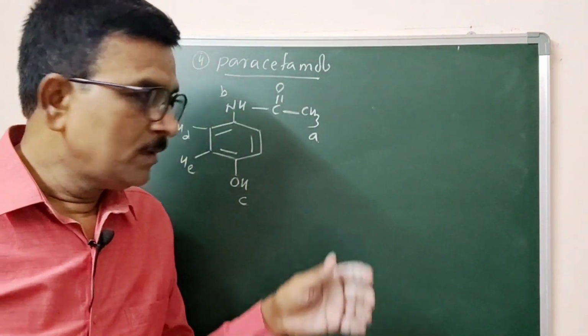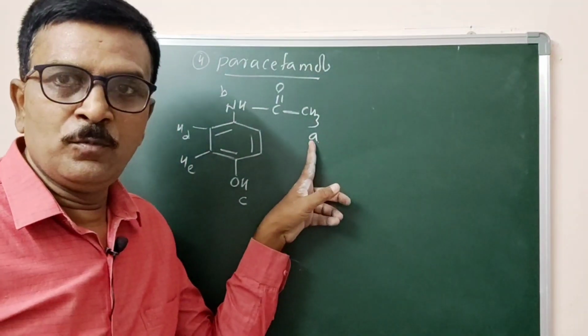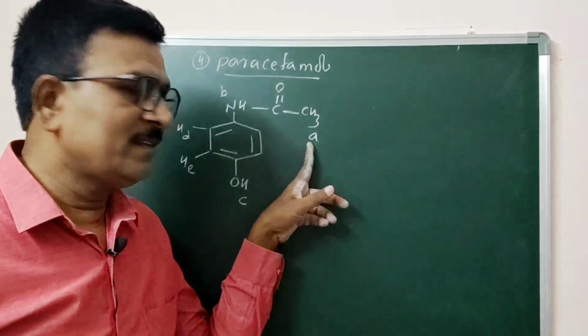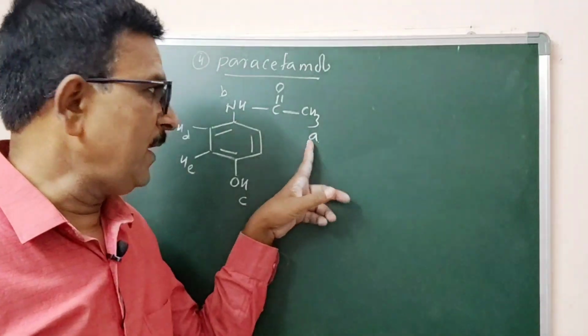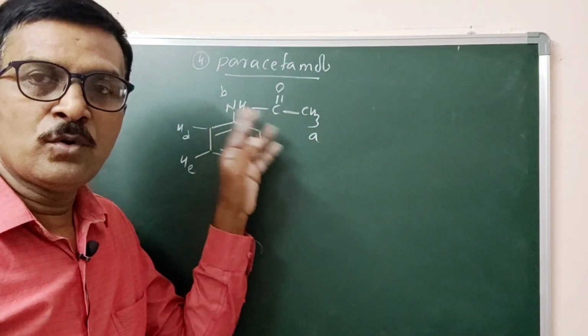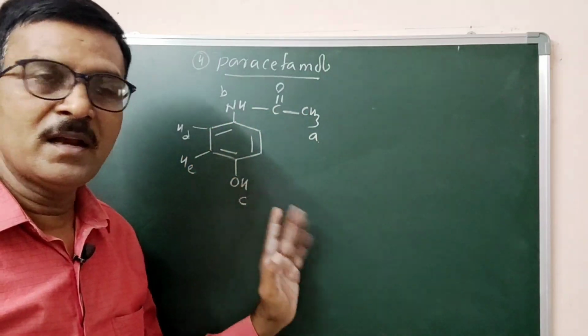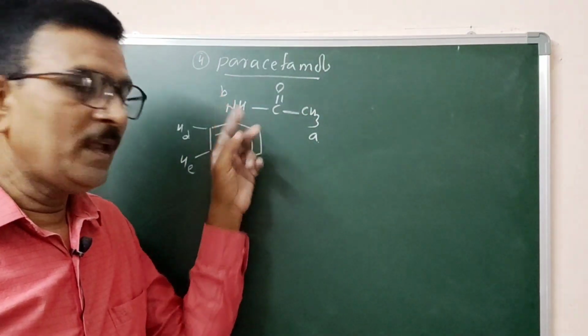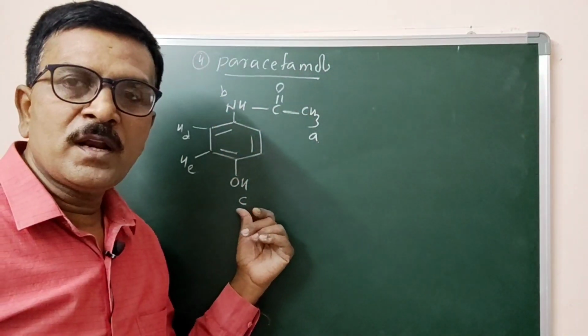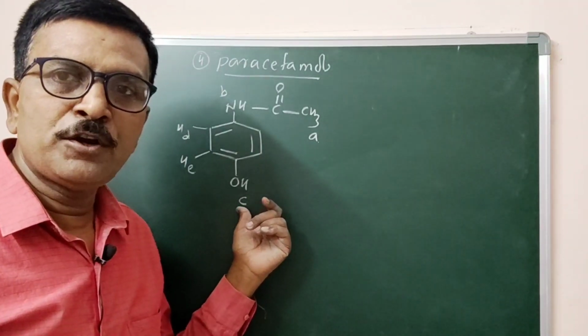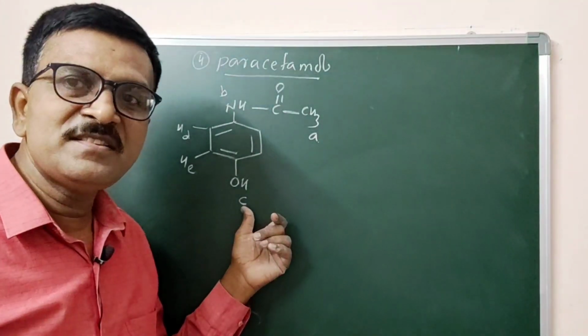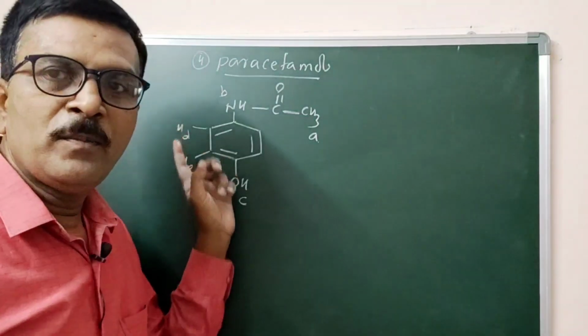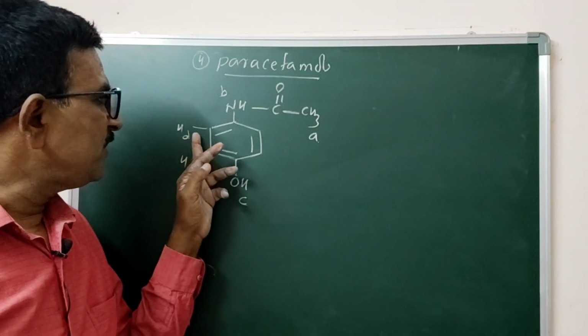You observe the CH3 group is different from all others and is designated with A. NH proton is also different from all others, it is non-equivalent, designated with B. The OH proton is also non-equivalent with respect to others, designated with C. Coming to aromatic protons, this is the proton.